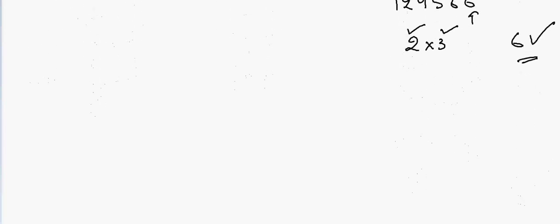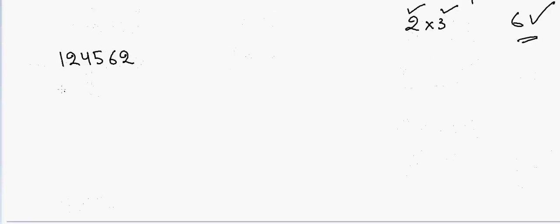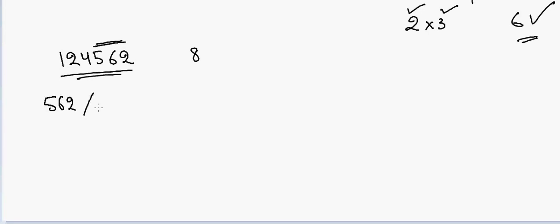Now let's go for 8. So now we have 124562, and we want to find out whether this number is divisible by 8. In that case, we'll take the last 3 digits and see if 562 is divisible by 8. If we divide it by 8, from this I can see that we get 70-something which is not divisible by 8.